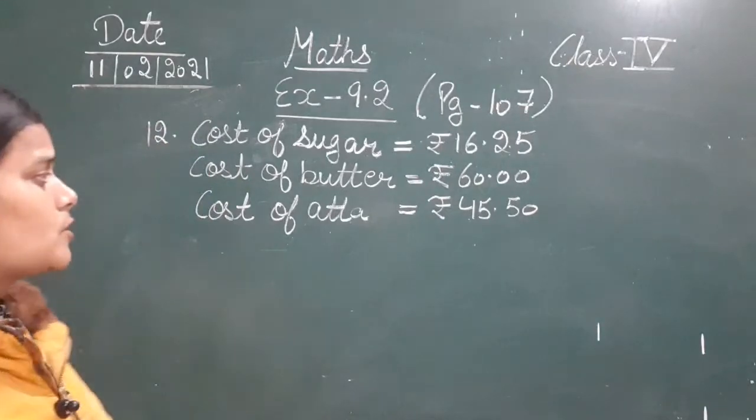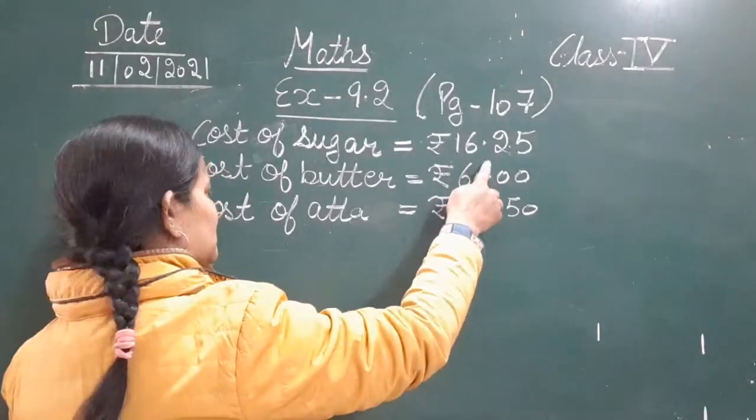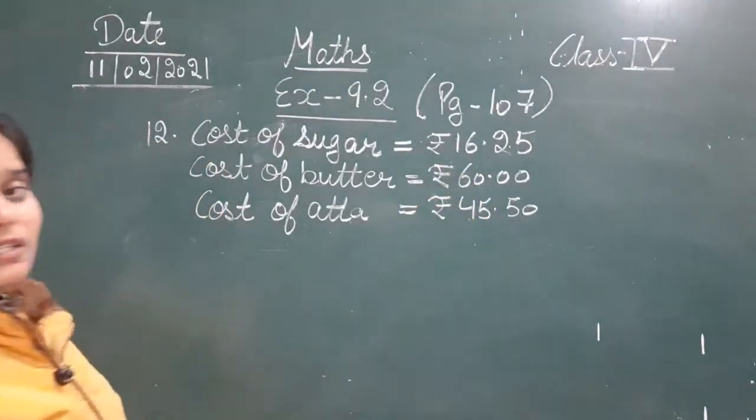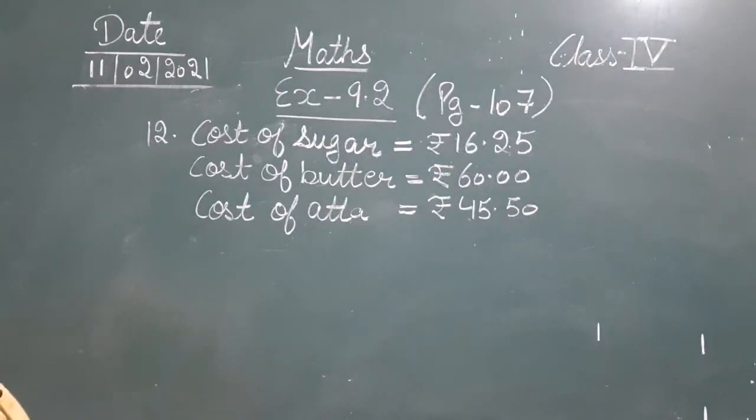Okay, so the cost of sugar is 16 rupees 25 paise. Second, the cost of butter, that is 60 rupees. Third thing that he had bought, that is atta. So the cost of atta is 45 rupees and 50 paise.